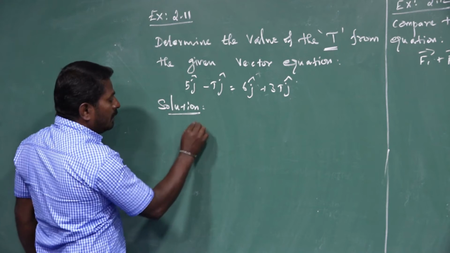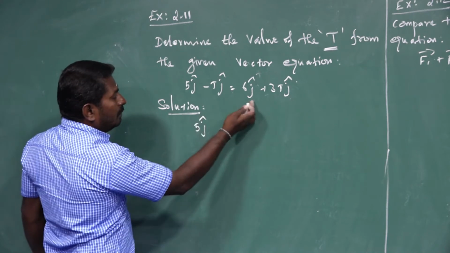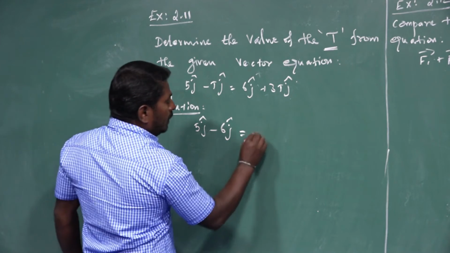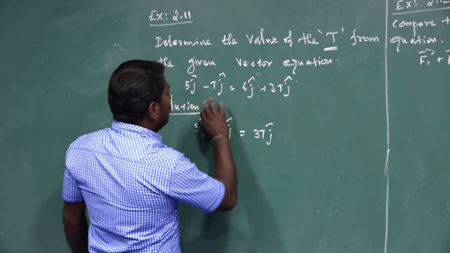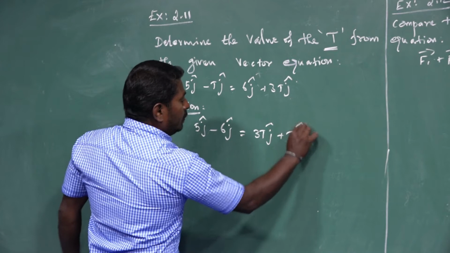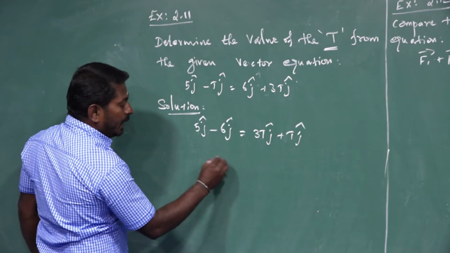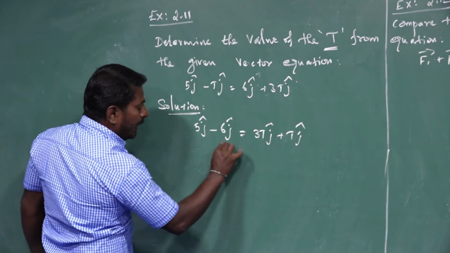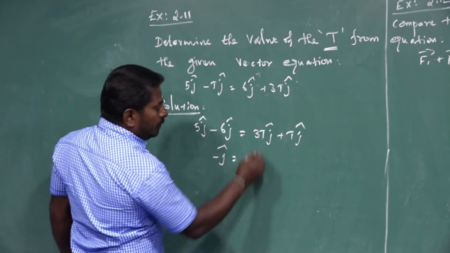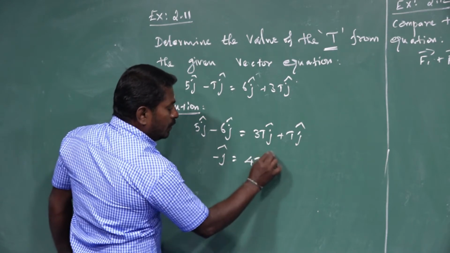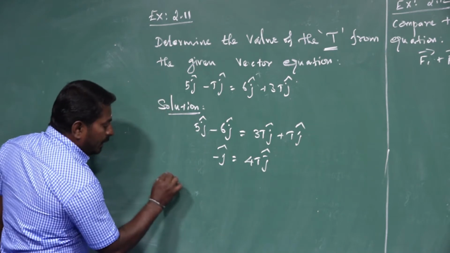Rearrange the equation: 5 j cap minus 6 j cap is equal to 3t j cap plus t j cap. So 5 j cap minus 6 j cap is minus j cap, which is equal to 4t j cap. Compare the components.